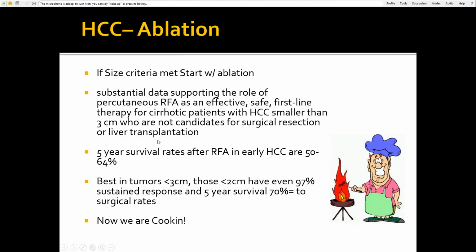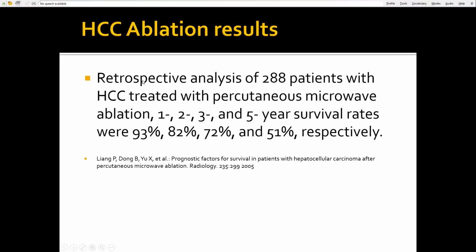Sometimes the patient is, let's say, an 85-year-old male with a single tumor that's 2 to 3 centimeters, but even with microwave ablation during its infancy, showed fairly high 1, 2, 3-year survival rates for HCC treated with percutaneous microwave ablation.